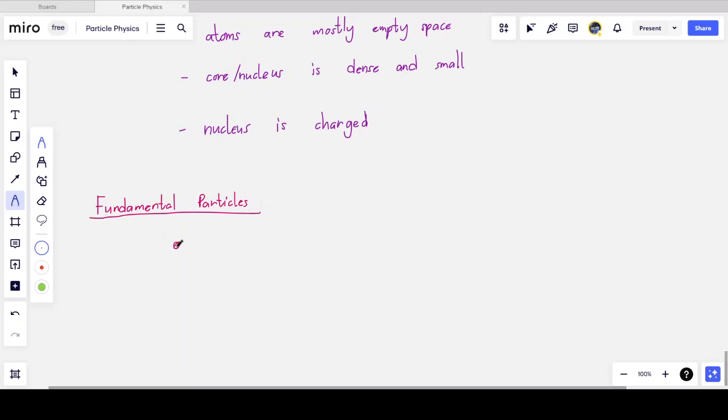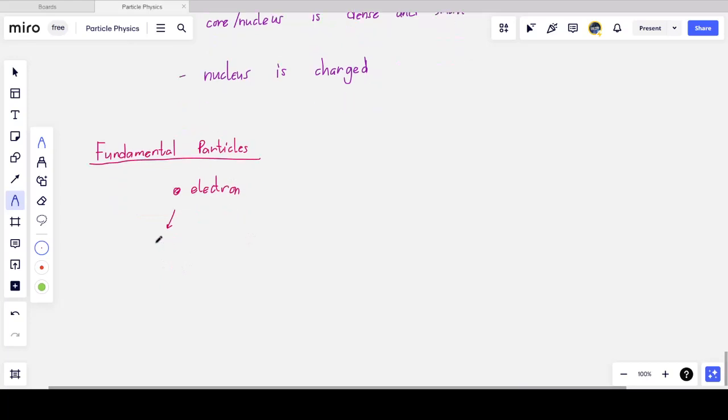So here's my little electron. This electron, if I look at it, I cannot break it down any further. I cannot subdivide it. And so this electron is what we call a fundamental particle.